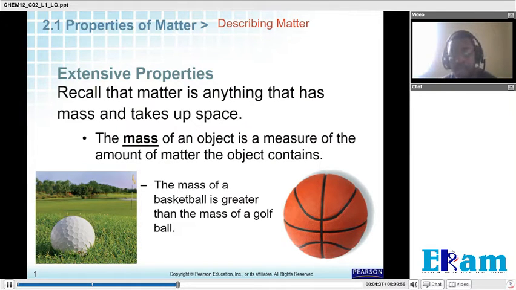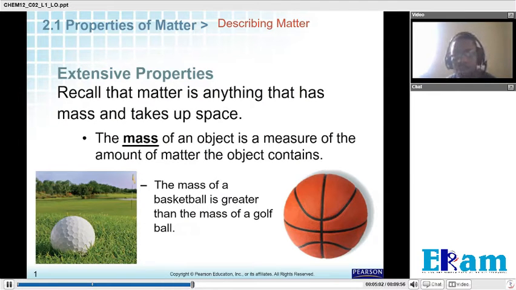So the mass is the amount of matter. In the case of the sand castle, it is the amount of sand particles that make up the sand castle. Okay, so you see the picture of the basketball and the golf ball. You see that they are made up of matter, but different types of matter. One is bigger, one is smaller.